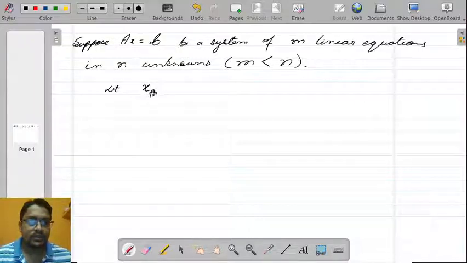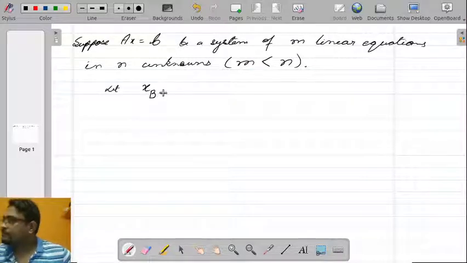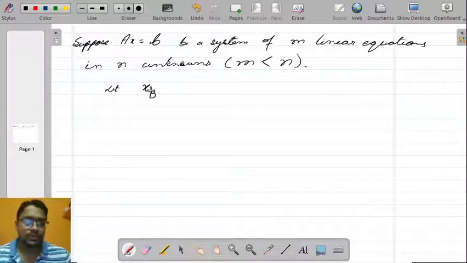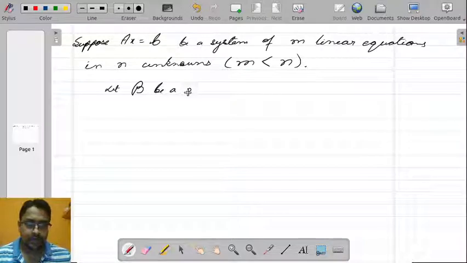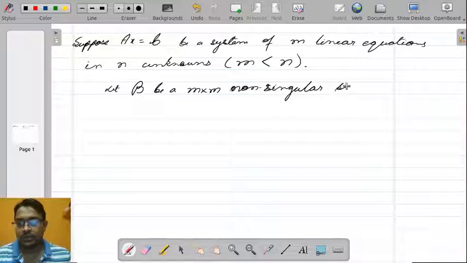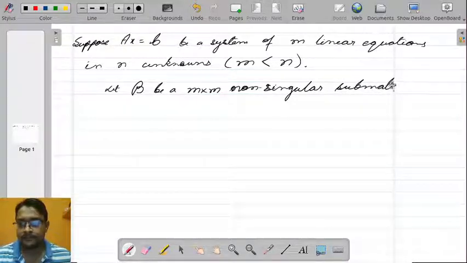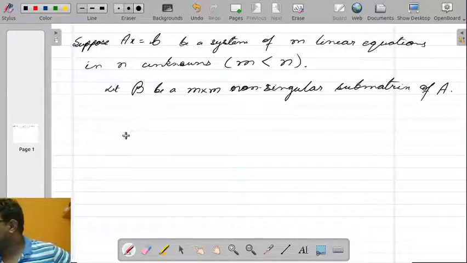Let capital B be an m by m non-singular submatrix of capital A. That means this submatrix B corresponds to a basic solution, right?